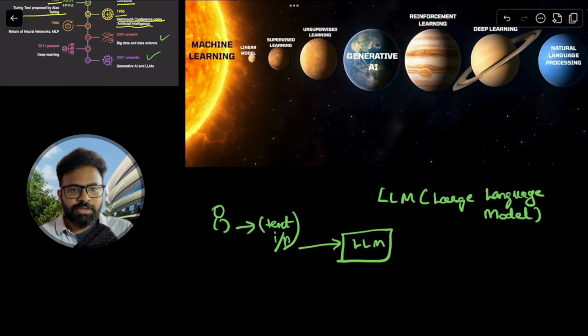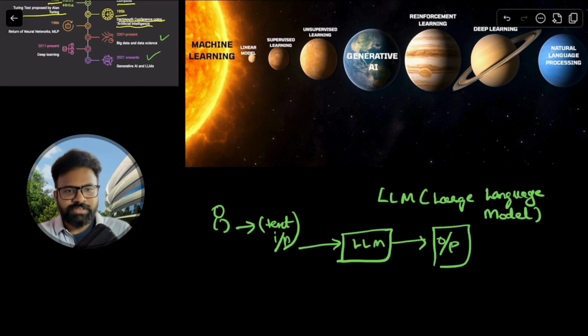This LLM is going to process your requirement and give the output. So the conversion of your input text data, processing the actual requirement and giving the output, is done by the large language model.